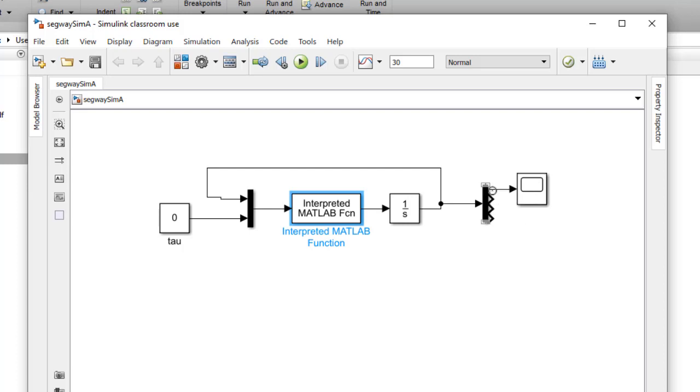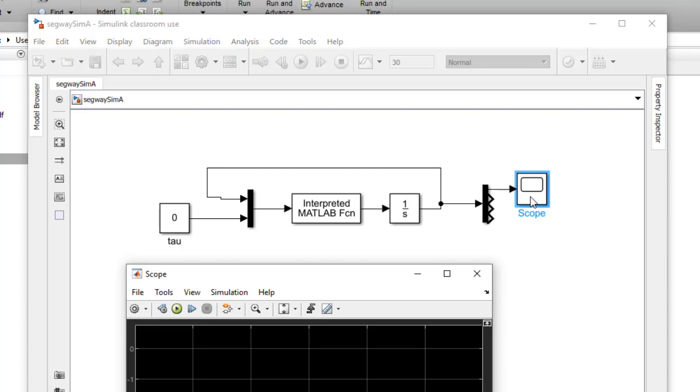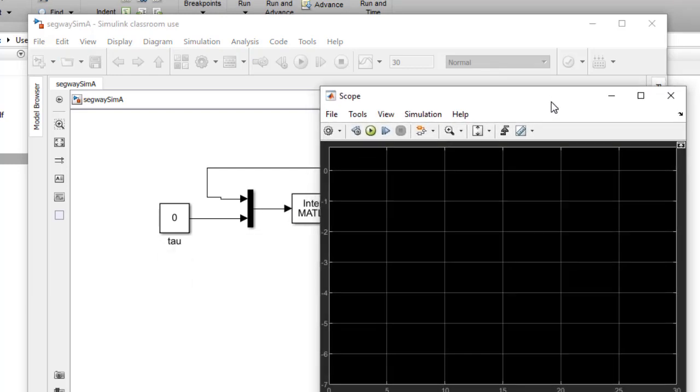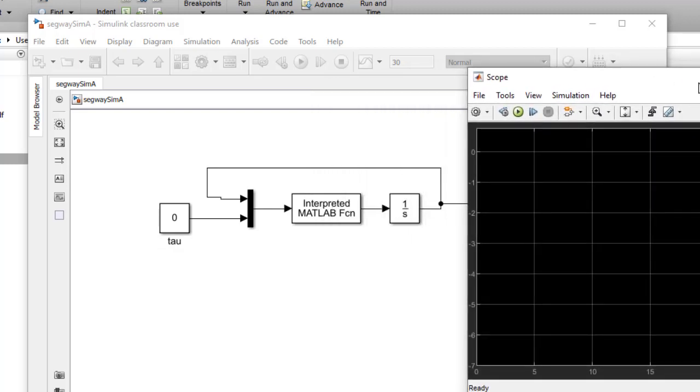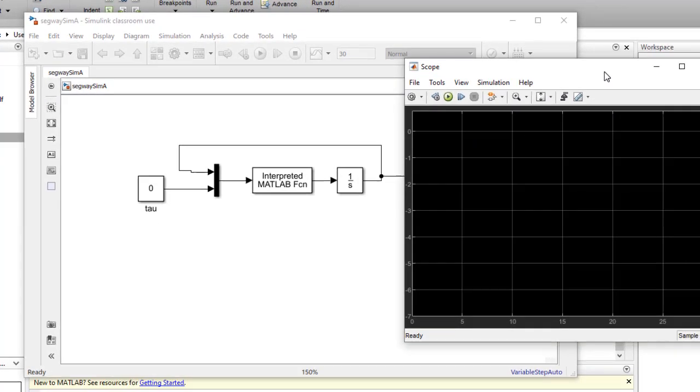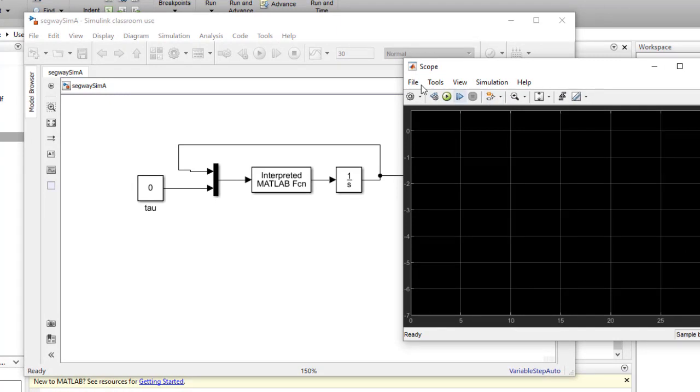Remember, there are four states: theta, theta dot, phi, and phi dot. So this scope is ready to plot theta, the angle at which the body of the Segway is leaning.